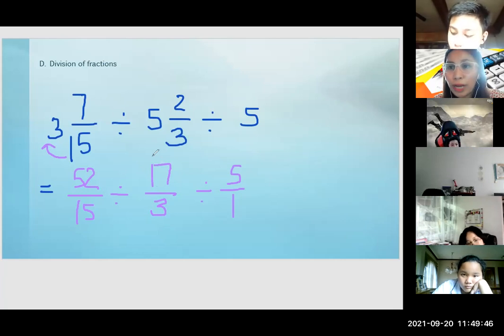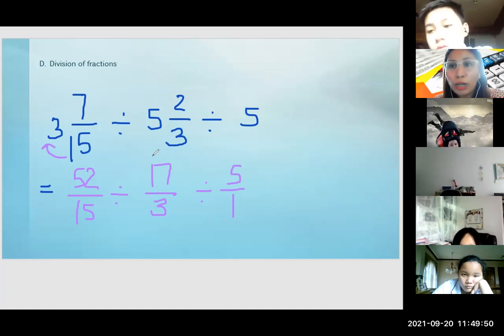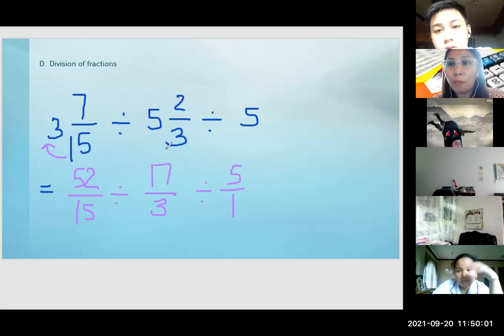We need to always invert the divisor, or the fraction next to the dividend. So the first given fraction is called the dividend. The succeeding fractions are called divisors.